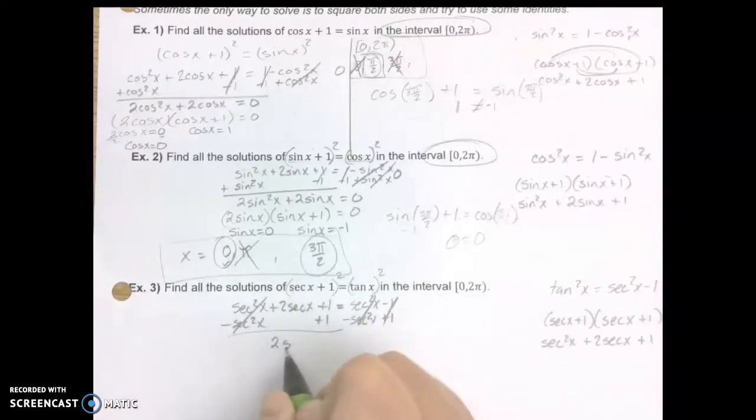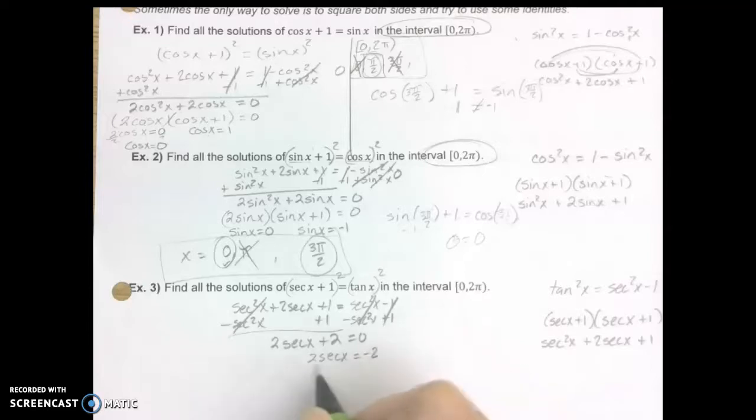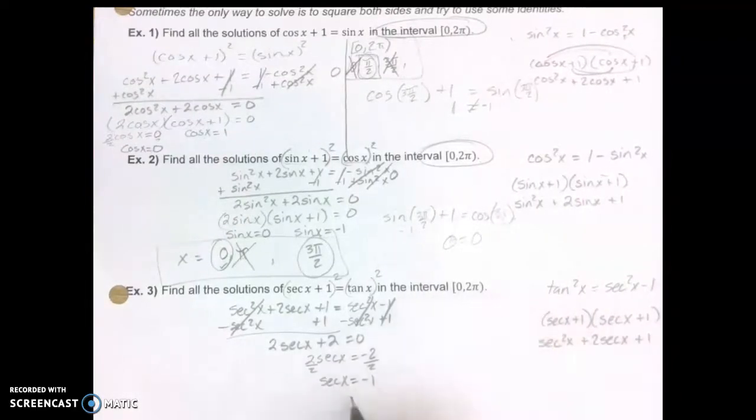I'm left with 2 secant of x plus 2 equals 0. If I go ahead and subtract the 2, I end up with 2 secant of x equals negative 2, divide by 2, and secant of x is equal to negative 1. If secant of x is equal to negative 1, then cosine of x is also equal to negative 1.